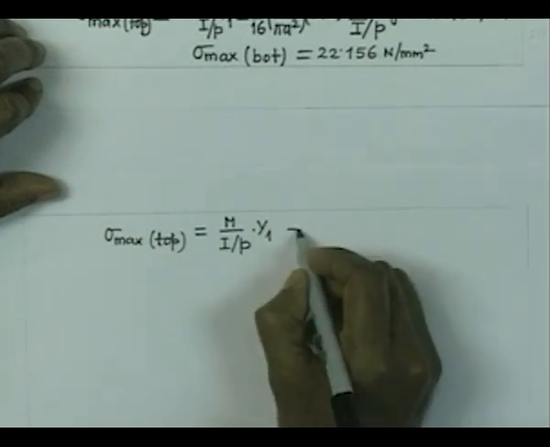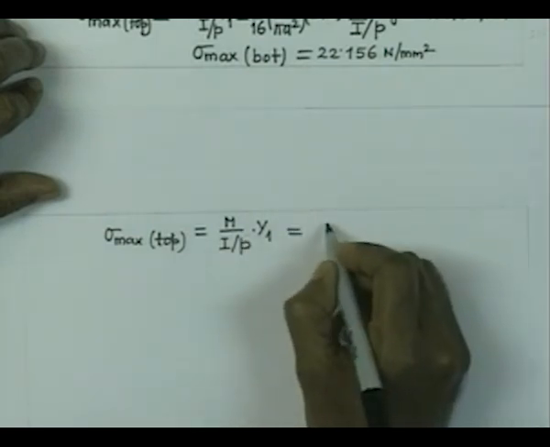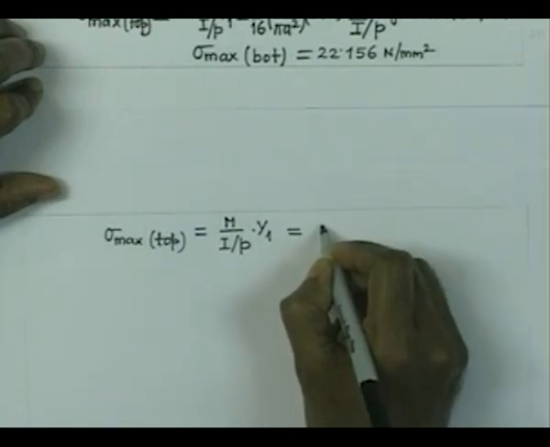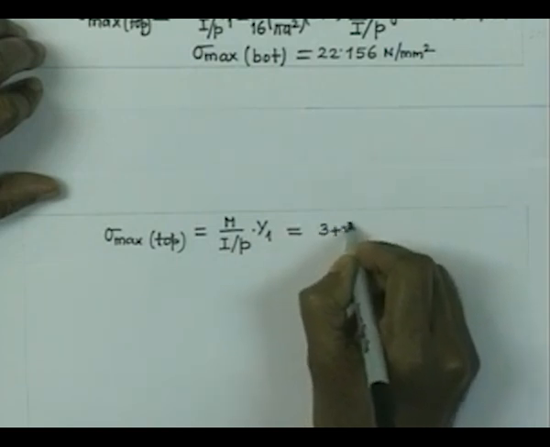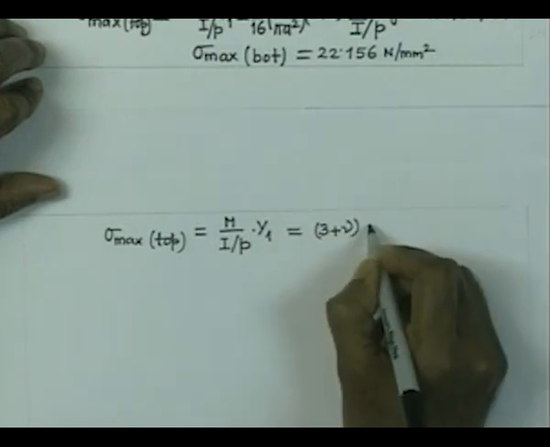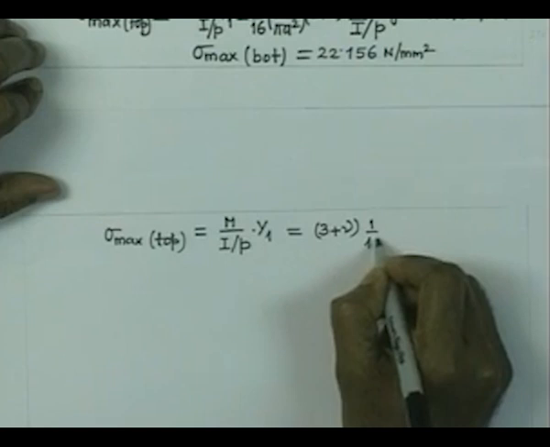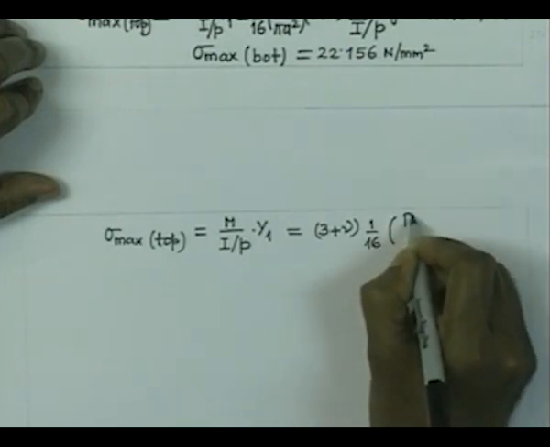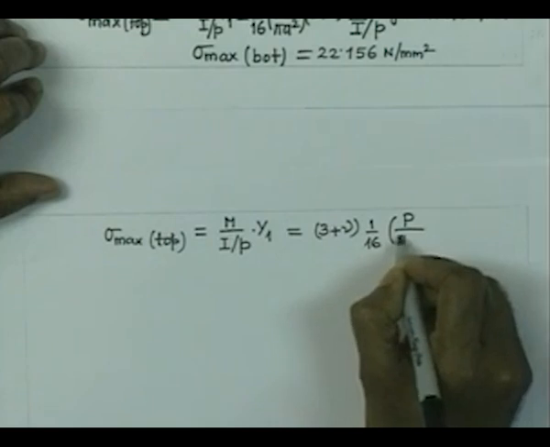So, now we can write the value of the moment as 1 by 16 P a square into 3 plus nu. So, therefore, we have 3 plus nu into 1 by 16 times the pressure distribution, which is capital P by pi a square.